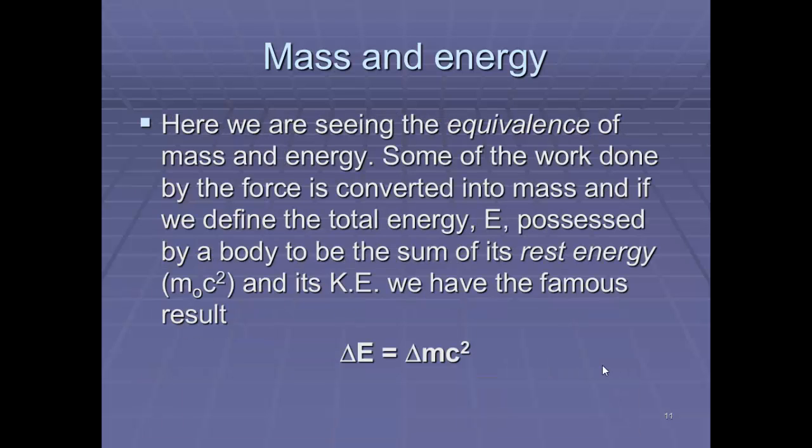This comes back down to the equivalence of mass and energy, and one of the key things here is that if the force is converted into mass, we define the total energy E possessed by the body to be the sum of its rest energy and its kinetic energy. And this all comes down to the famous change in energy equals change in mass times speed of light squared, the E equals mc squared formula.